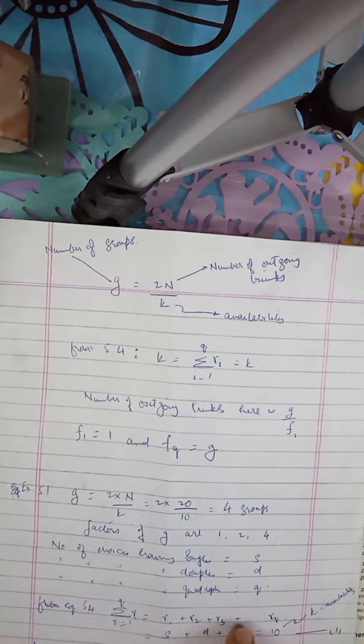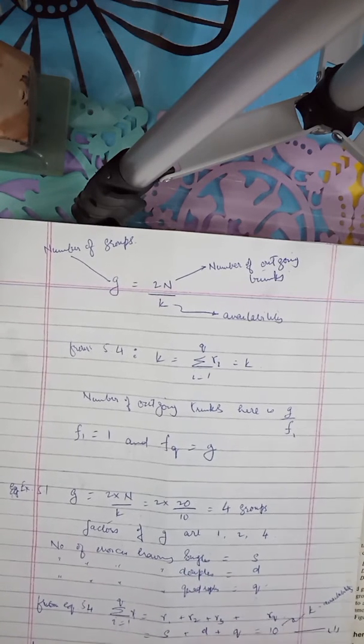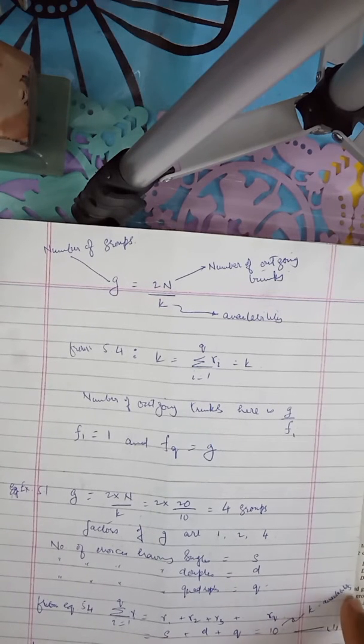We only go up to 3 terms because we have singles and doubles and quadruples only. So that would be equal to 10, which is K, or availability.